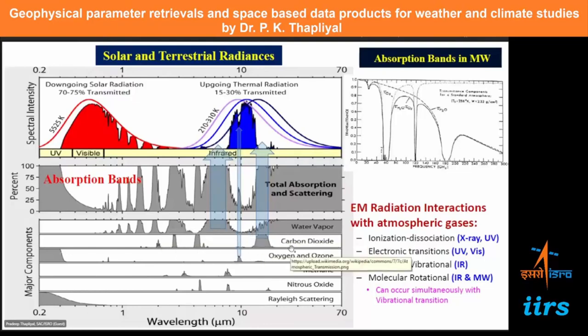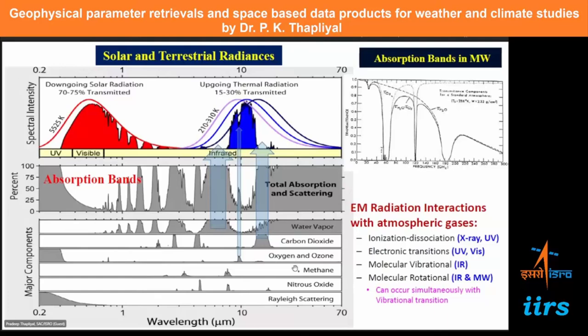But then there are other gases which are also absorbing radiation passing through the atmosphere. The other primary gas is carbon dioxide, which has strong absorption from 12 to 15 micrometer, with a peak at 15 micrometer. And then there are other absorption bands like 4 micrometer, 3.5 micrometer, 2 micrometer, 1.5 micrometer, and like that.